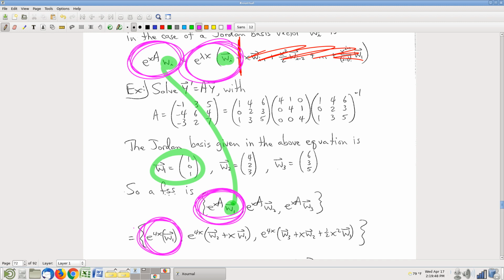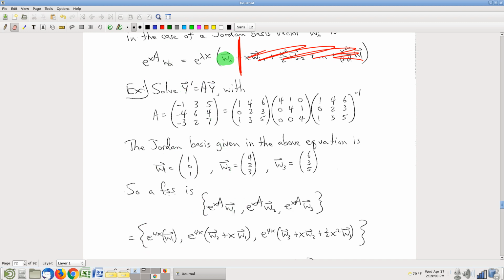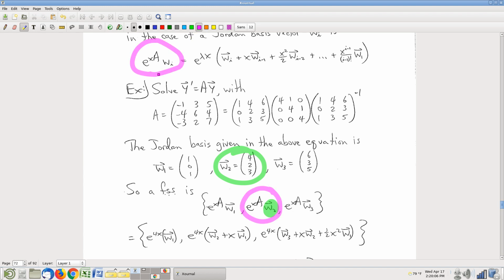Okay, now, next. Next, let's look at this second Jordan basis vector that we're going to plug in right there. Again, I need to multiply by this matrix exponential, like so. So I got to do all of this stuff. Now, this Jordan basis vector is W2. So this is W2 right there.